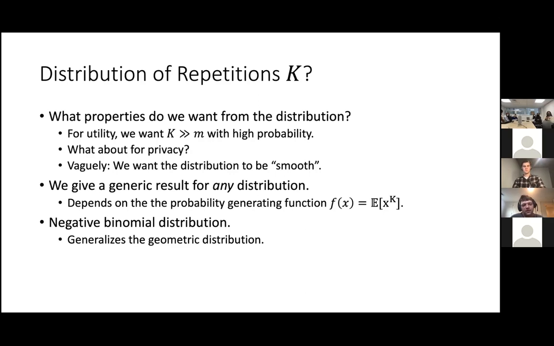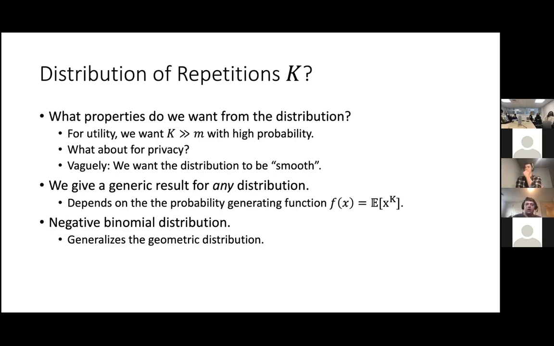So the specific distributions that we have results for are the negative binomial distribution. Again, I was not familiar with the negative binomial distribution before we looked at it for this. It is a reasonably natural generalization of a geometric distribution. If I take two geometric distributions and add them together, I'm going to get a negative binomial distribution.